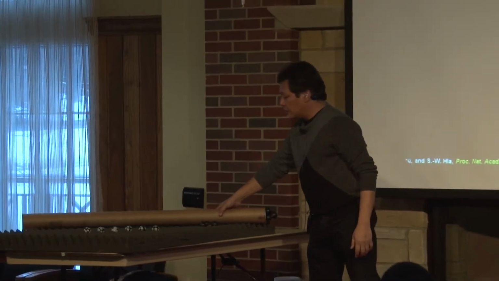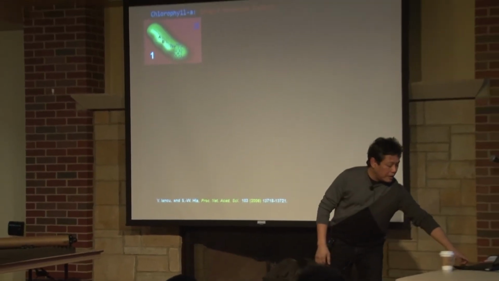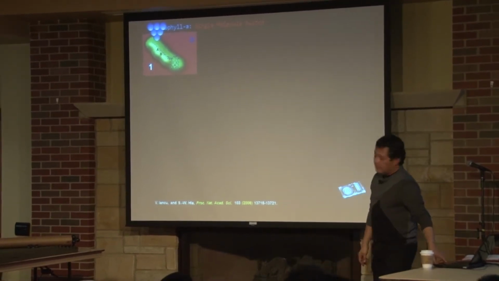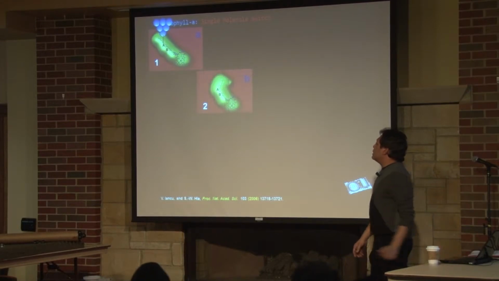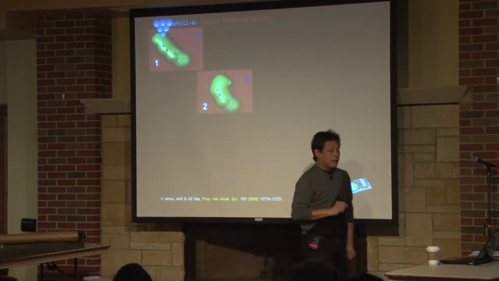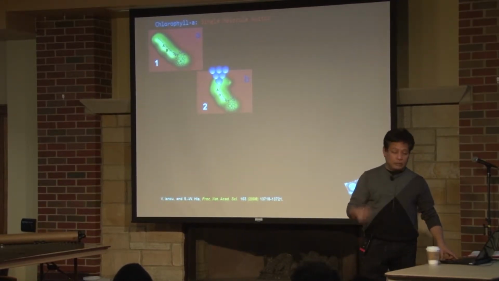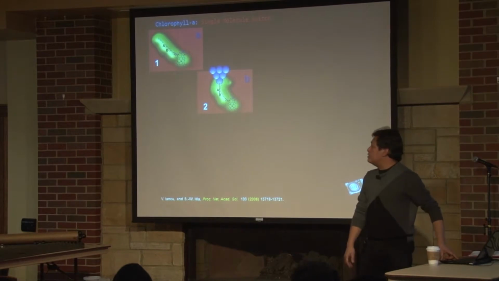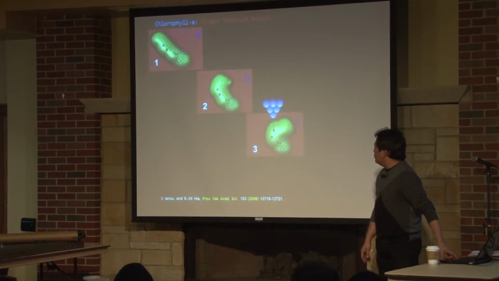What we did here is apply that energy to this location called A, and we inject electrons. By doing so, we can change the shape of the molecule like this, and we can do it in a controlled way. I will show you in a minute.